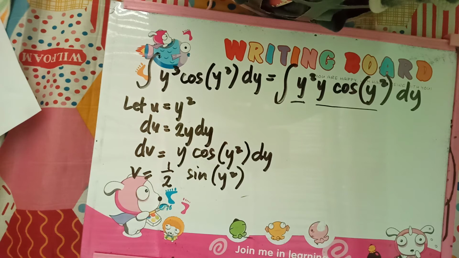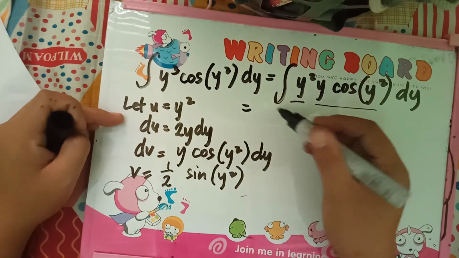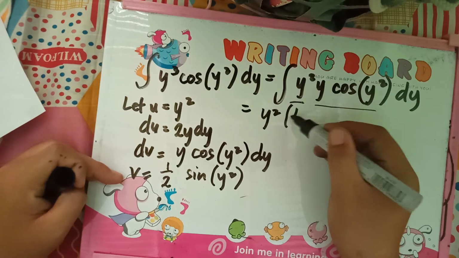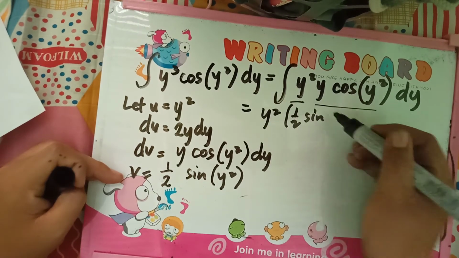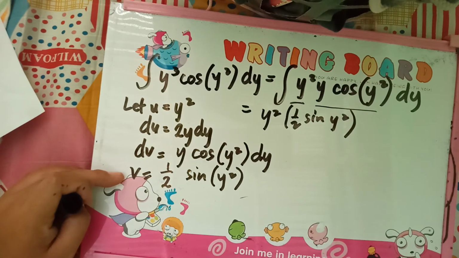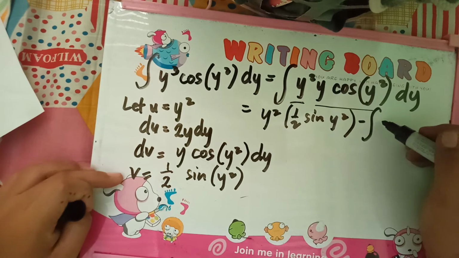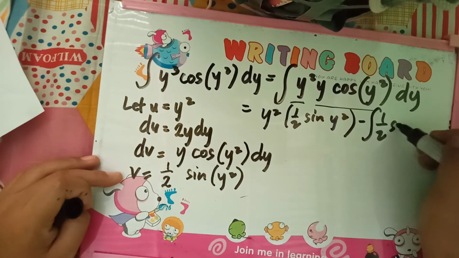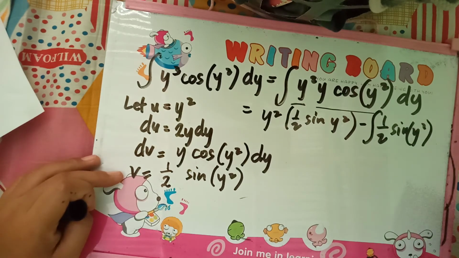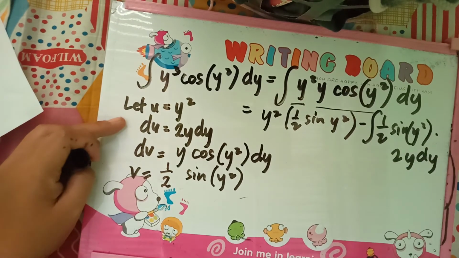Then, ano na lang susunod natin gagawin? We are going to rewrite this. So, magkakaroon na tayo ng your u, y squared. Your v is 1/2 sine y squared. Okay? Tama? Minus your v, 1/2 sine y squared multiplied by 2y dy. Tama?